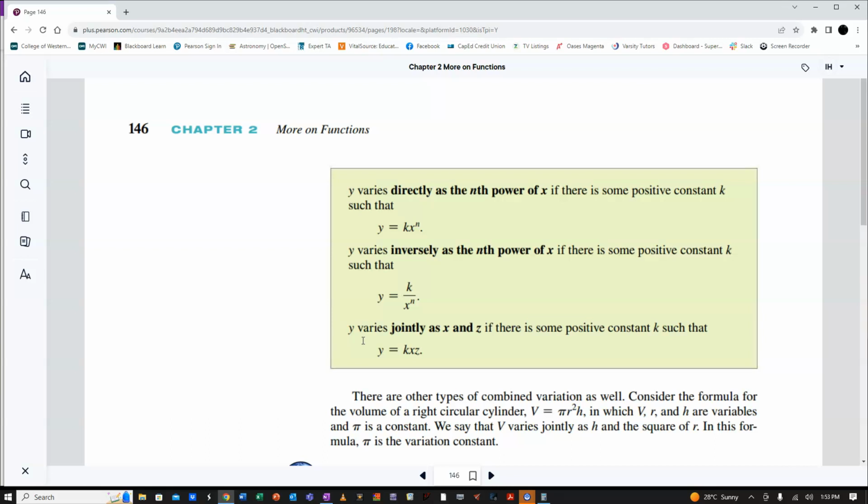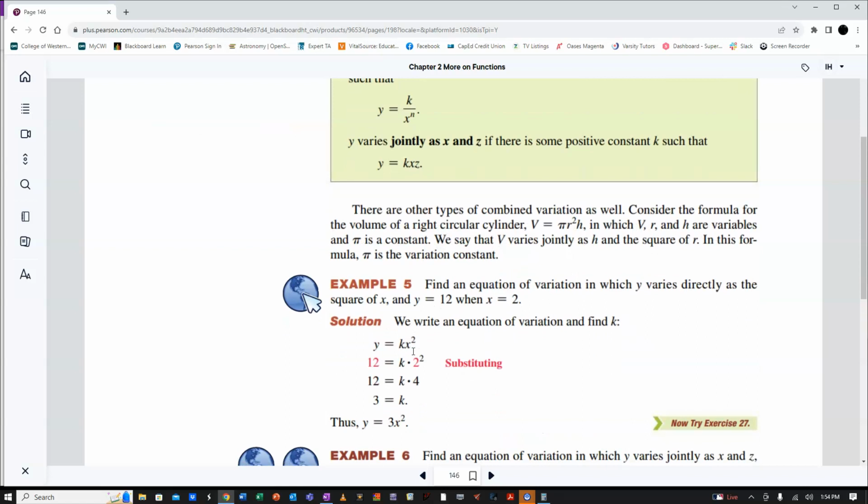Alternatively, you can also be asked to evaluate a variation problem where y varies jointly as two or more different quantities, such as x and z. If it's jointly, that's assumed to be a direct variation. If it says jointly and inversely, the inverse part is in the denominator and the jointly part is in the numerator. So other examples of combined variations include the following formulas.